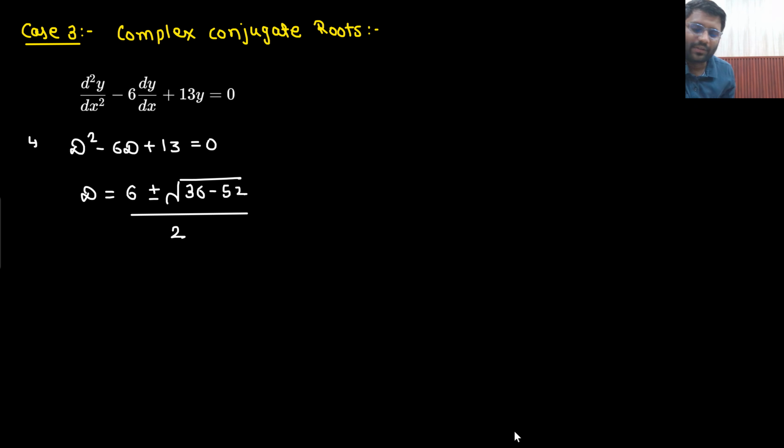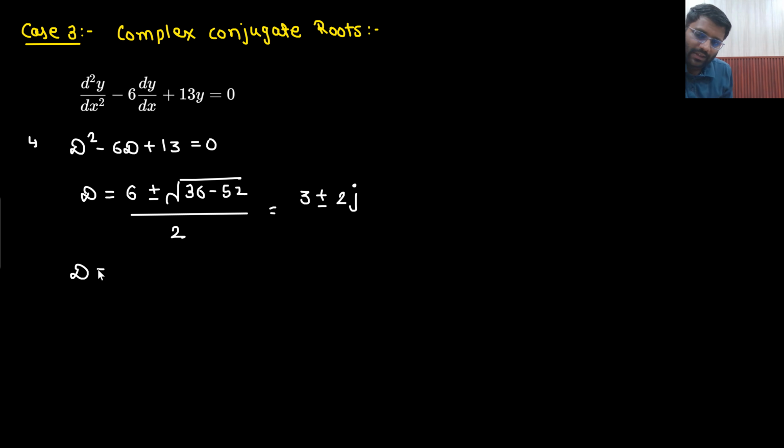Okay, so the answer we are getting is 3 plus minus 2j.